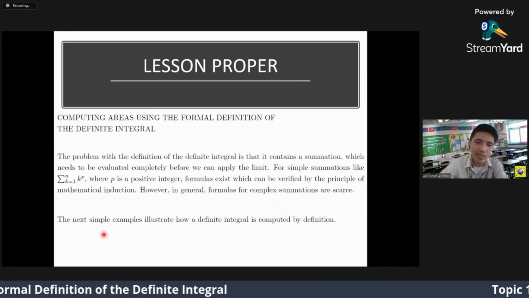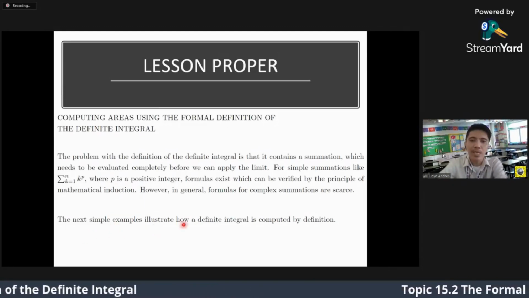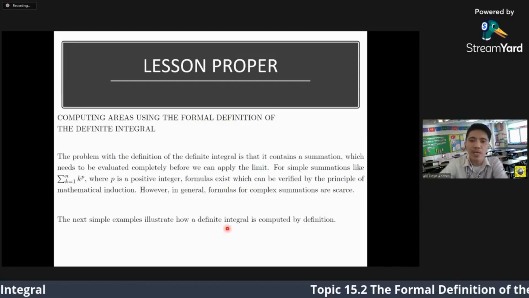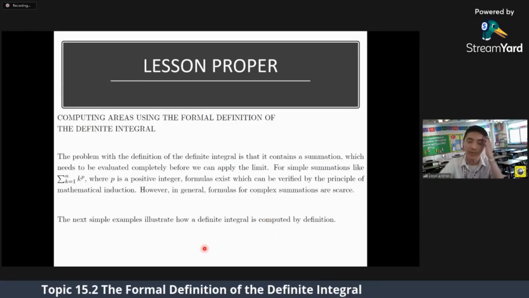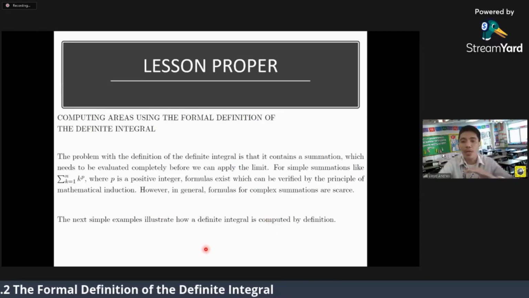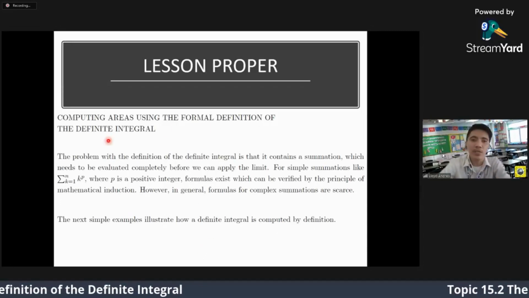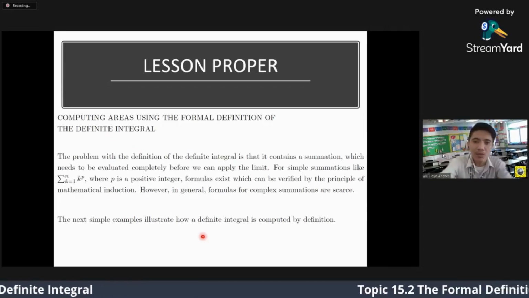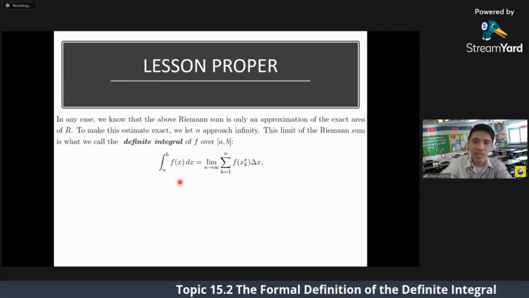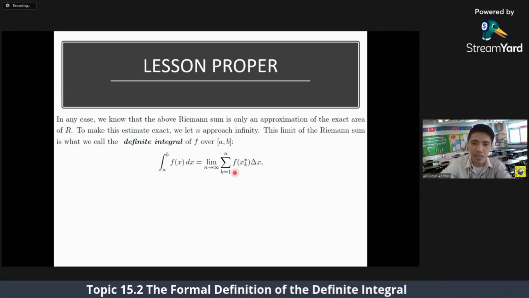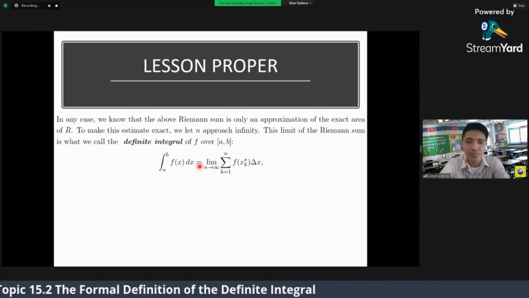In the next examples, this illustrates how a definite integral is computed by definition. We start with the formal definition of the definite integral, which is just the limit of the Riemann sum.